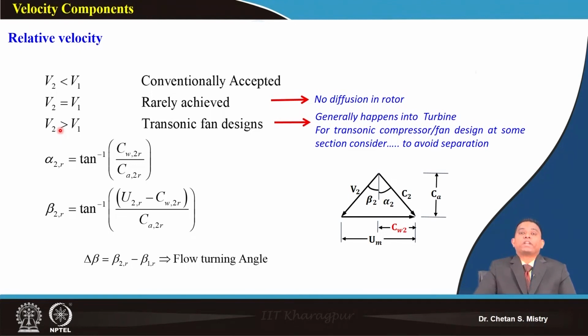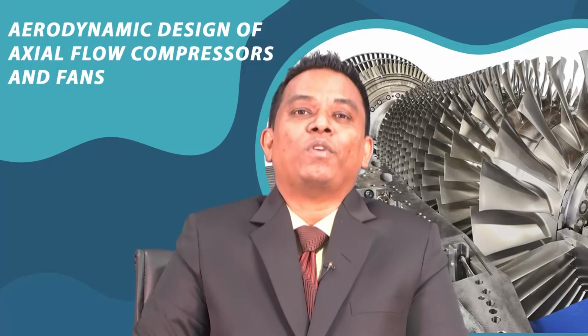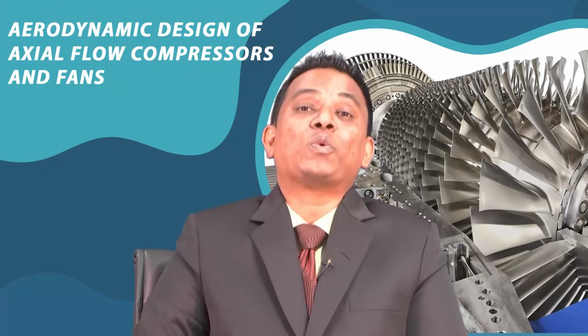So to avoid that kind of situation, we are using this kind of design configuration. Okay, so today what we have discussed is the selection of very important parameters, what we have learned, and how we are correlating all those parameters in combination for the design, in order to achieve a particular stage efficiency.